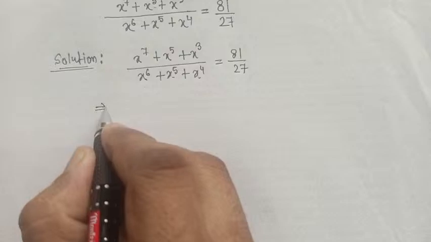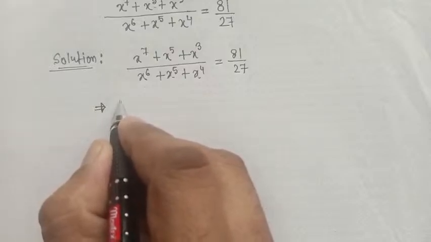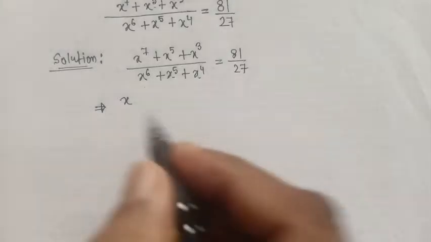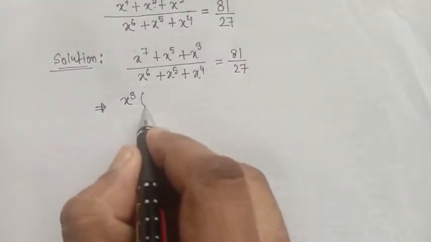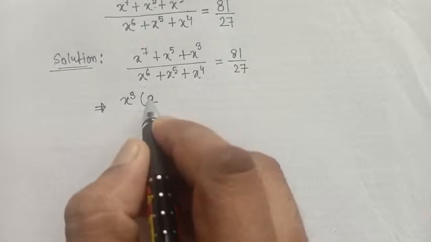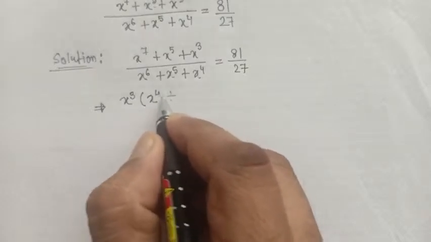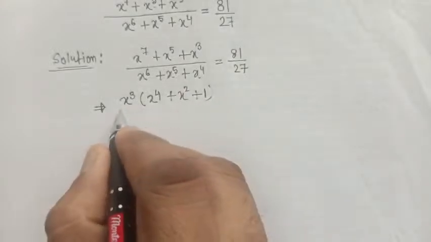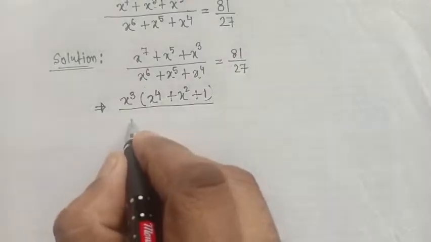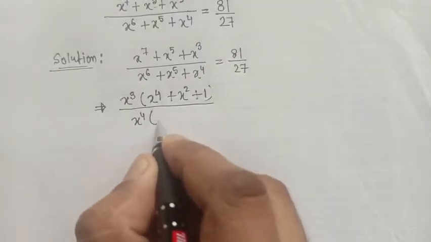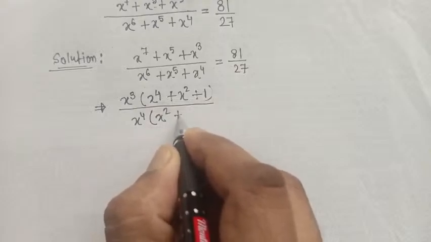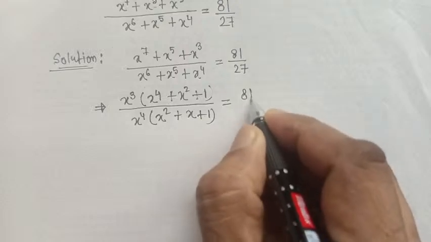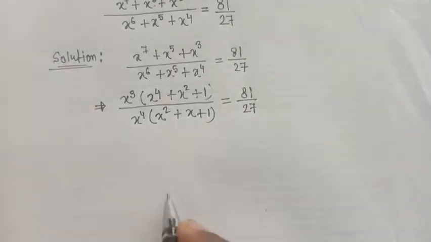Now we are taking common x cubed from above, so the remaining part will be x to the power 4 plus x squared plus 1, and in the lower part, if we take common x to the power 4, the remaining part will be x squared plus x plus 1, and it will be the same as 81 by 27.